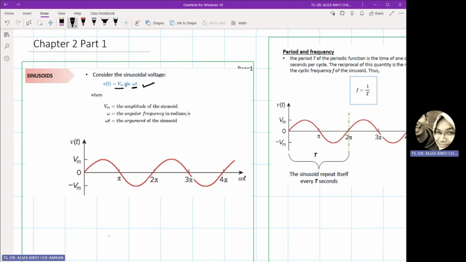If you write the equation it looks like this, but if you draw it, it will be something like this, drawn in this figure here.